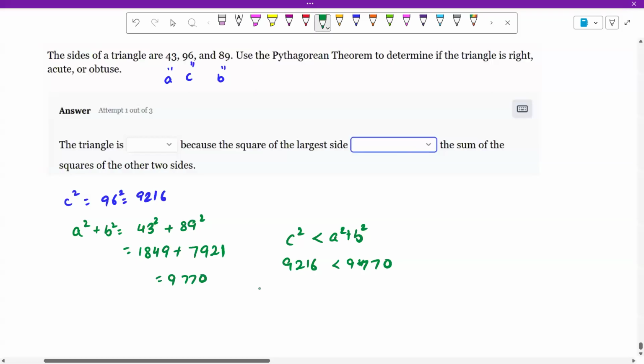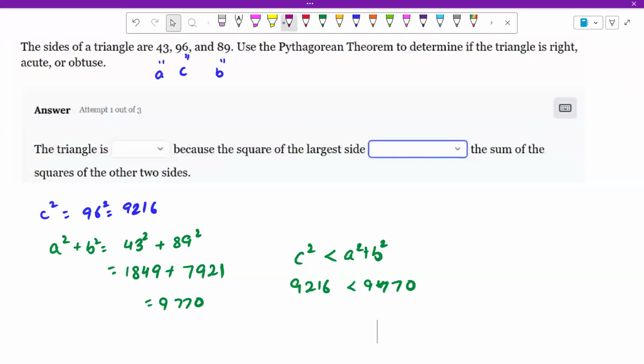So first, we have to fill in that the triangle is acute, because the square of the largest side is less than the sum of the squares of the other two sides.